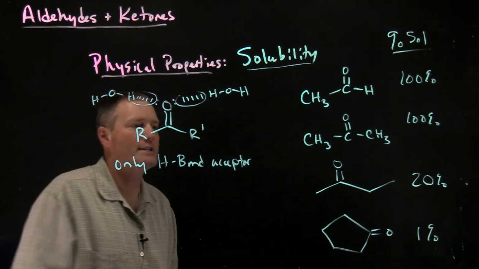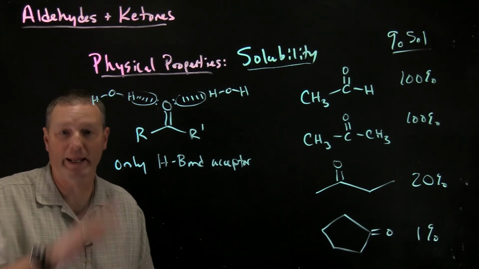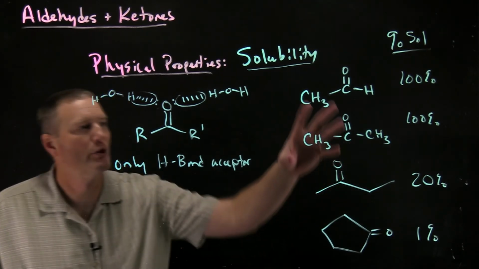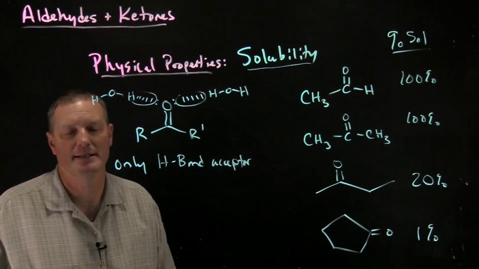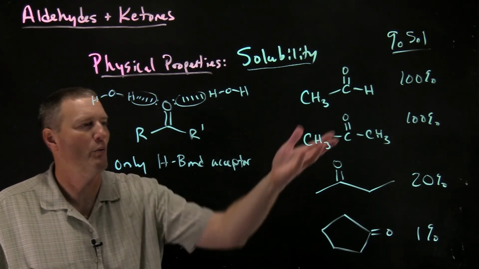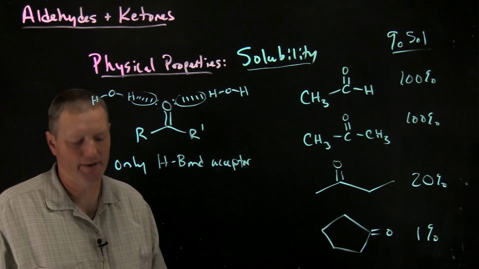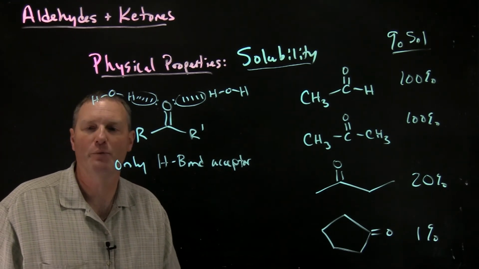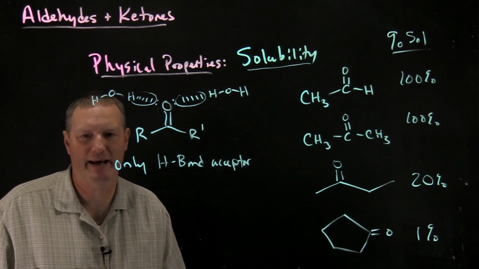So as we increase the number of carbons, and this is a general rule on any functional group, generally the solubility does go down. But low molecular weight or small carbon number aldehydes and ketones tend to be fairly soluble. Once you get up above 3 or 4 carbons, though, the solubility of these tends to drop off significantly. So I hope that helps with sort of the structure and physical properties of aldehydes and ketones.